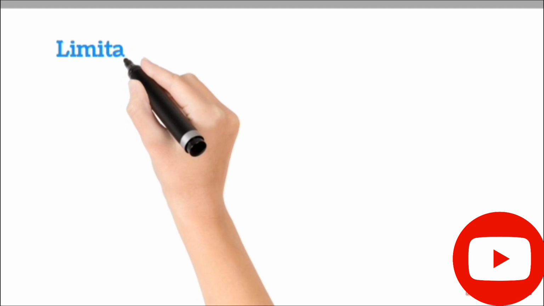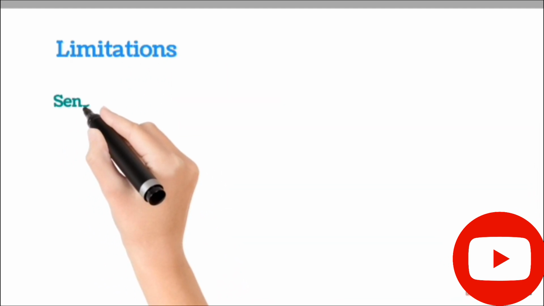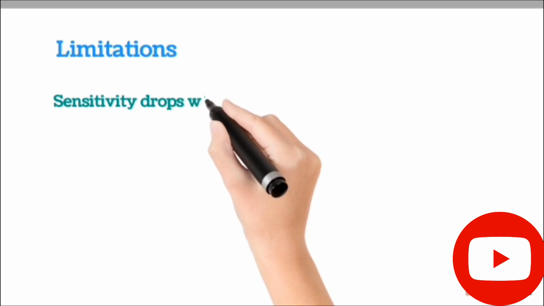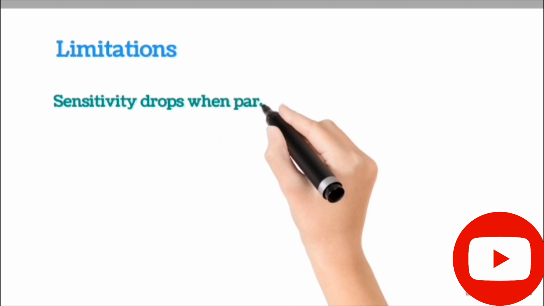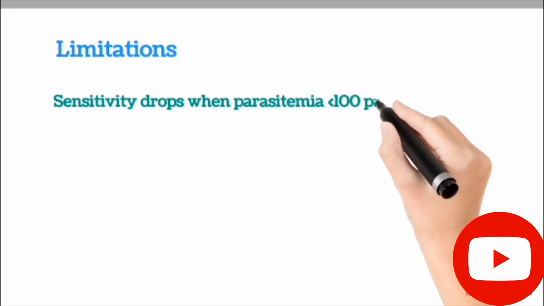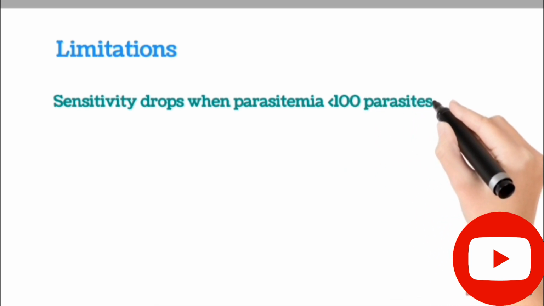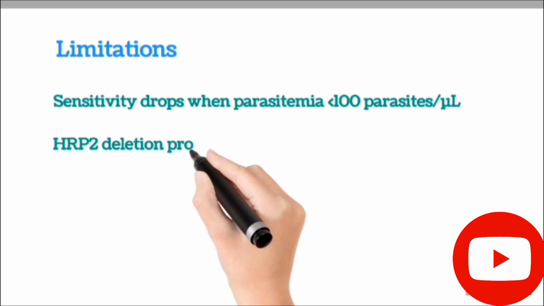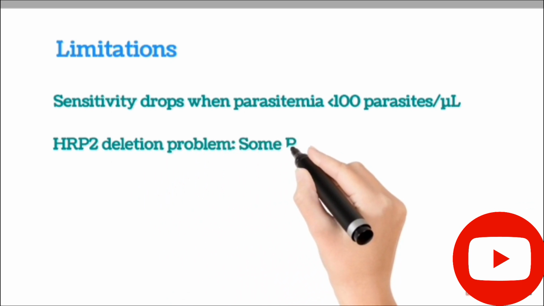It is most commonly used, but there are a few limitations. The main limitation is sensitivity drop. As we all know, microscopy is the gold standard for malaria diagnosis, and it can detect low parasitemia also. But in RDT, sensitivity drops when parasitemia is less than 100 parasites per microliter.